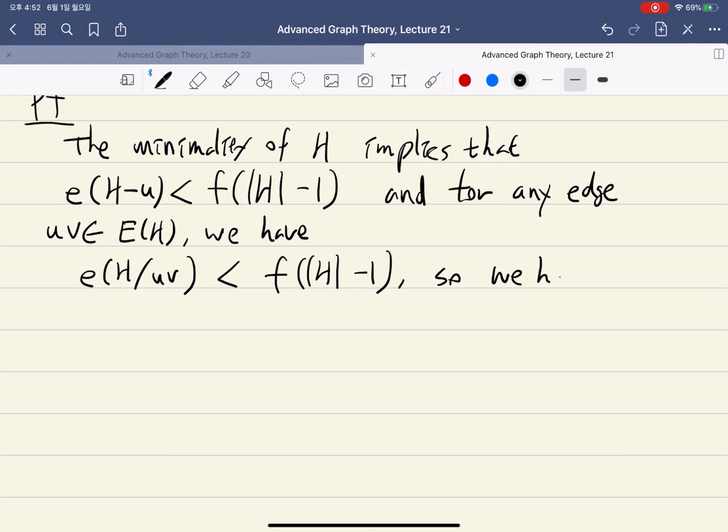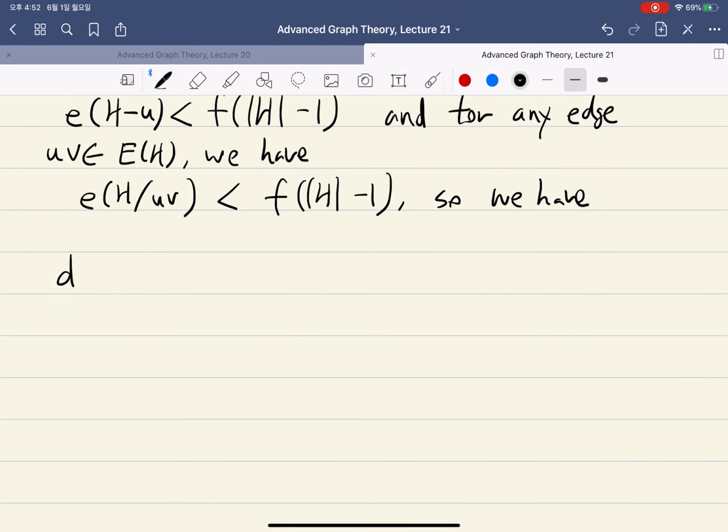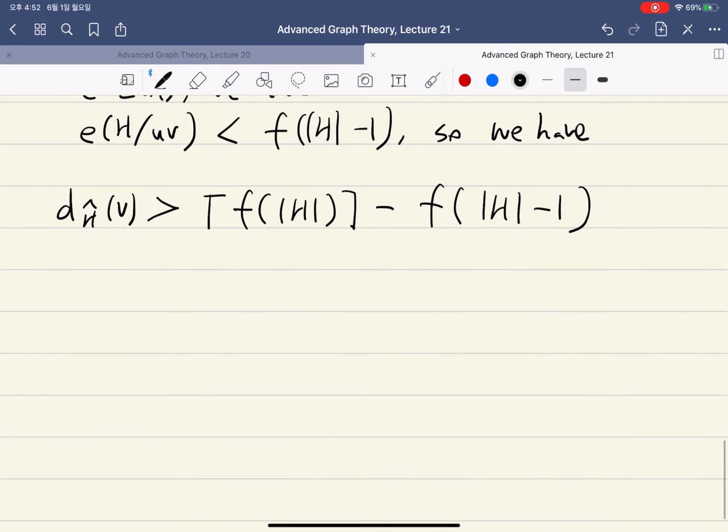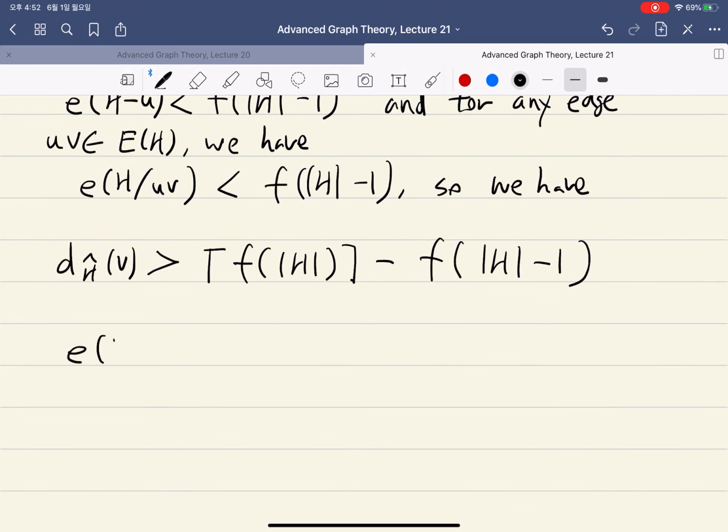So we have that the degree of the vertex V in this H hat is actually bigger than the original number of edges in H minus f of the order of H minus 1. Because what's the number of edges here?